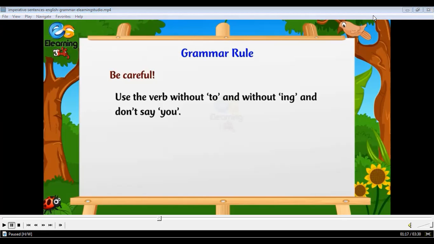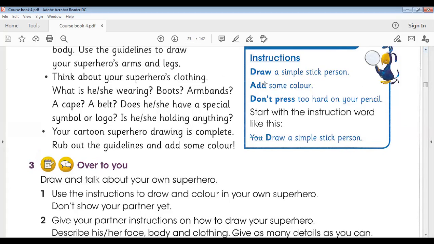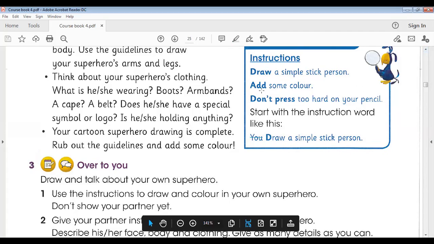This is a more polite, respectful way, so if you give instructions to an elder, you should use please in your sentence. These are also examples of instructions: draw, add, don't. All of these are examples of giving instructions or imperative sentences.